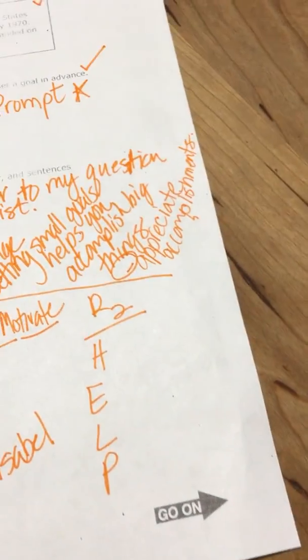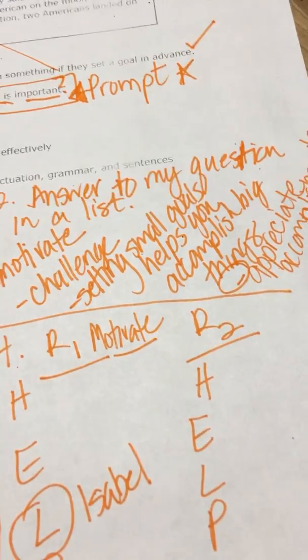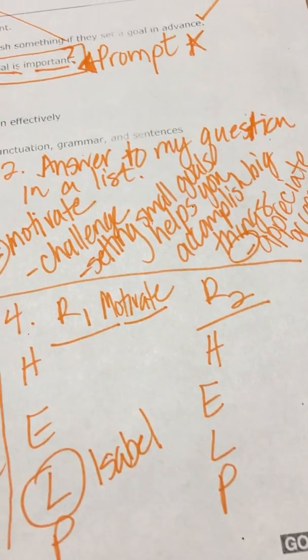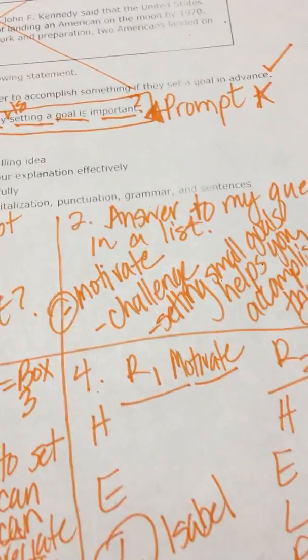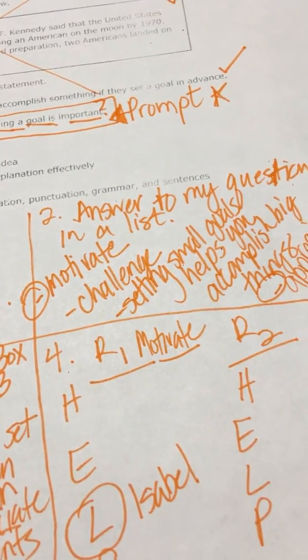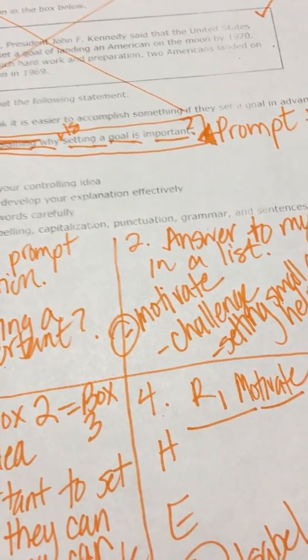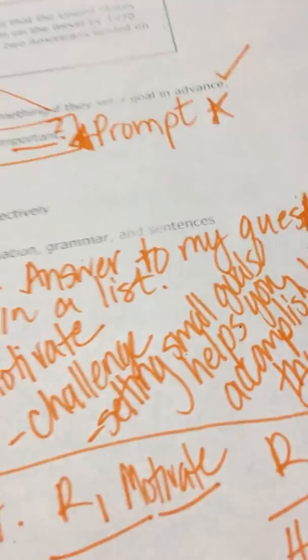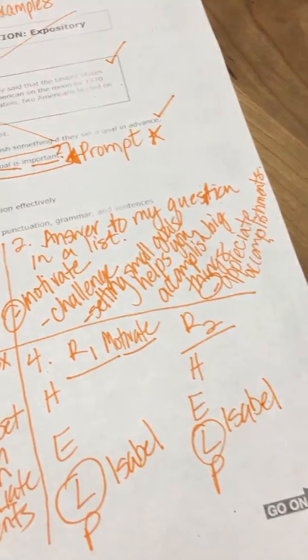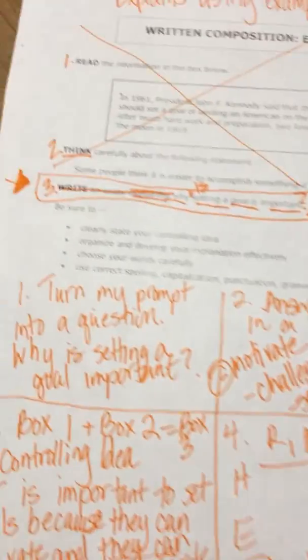And for reason 2, help you appreciate your accomplishments, I think that I'm also going to use Refugee, and I think I might even use Isabel again and connect these 2 examples, okay?